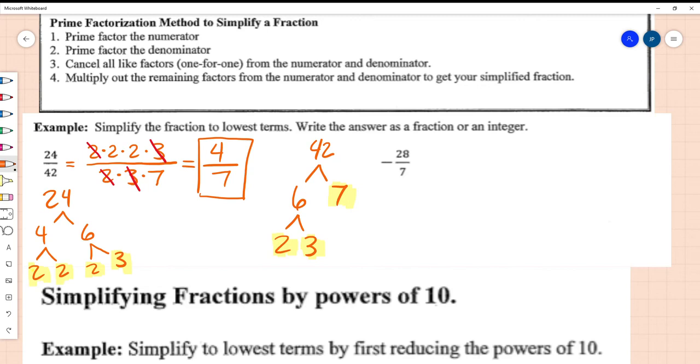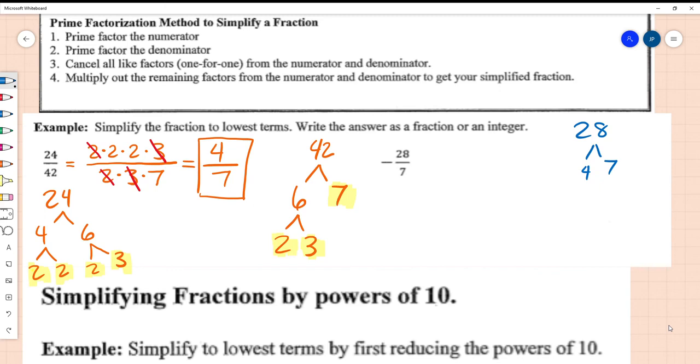We can do the same thing for this example, negative 28 over 7. Let me switch to blue. So 28 is actually 4 times 7.